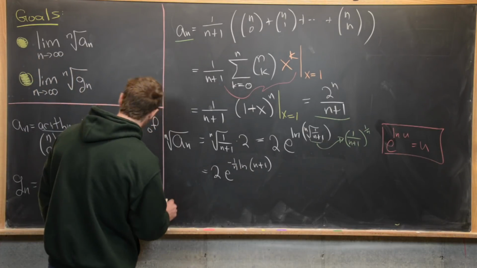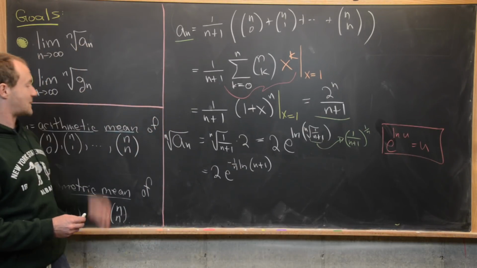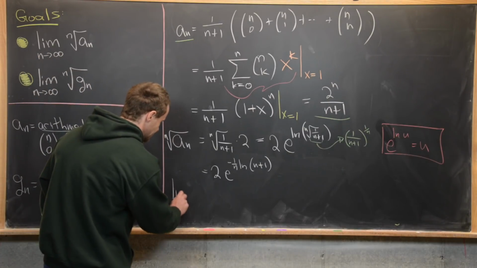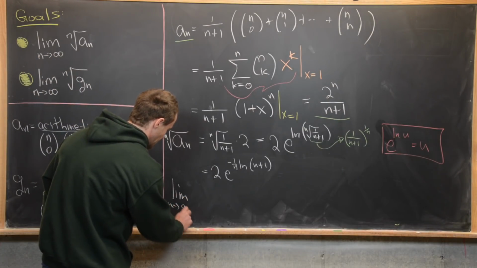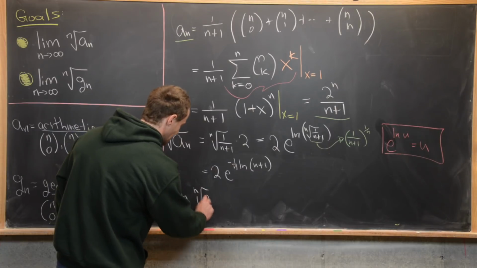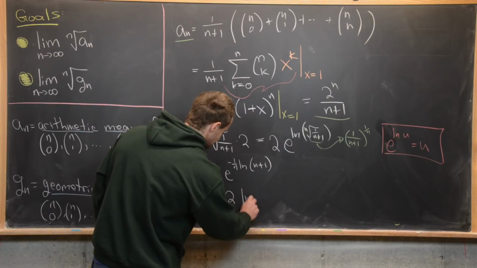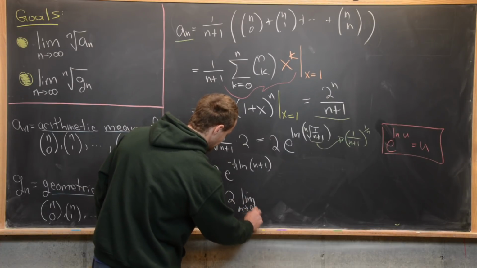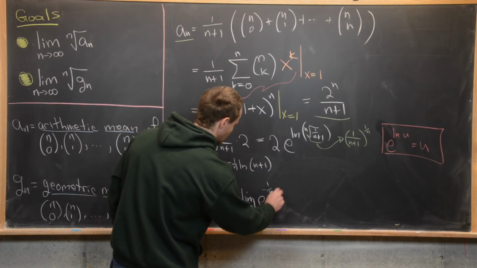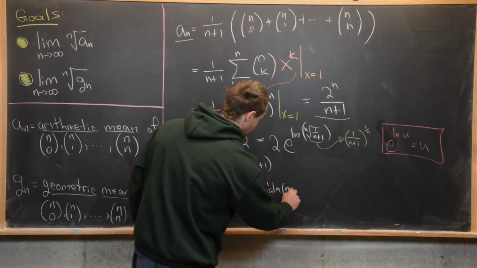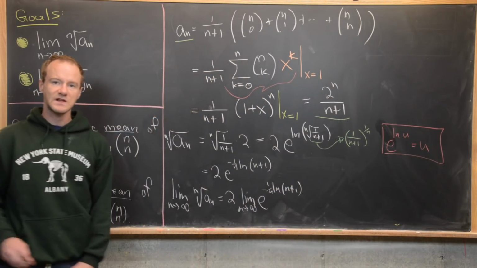So the next thing that we want to do is finish this off by calculating this limit. So now this limit as n approaches infinity of the nth root of a sub n is going to be equal to 2 times the limit as n approaches infinity of e to the minus 1 over n natural log of n plus 1, like that.